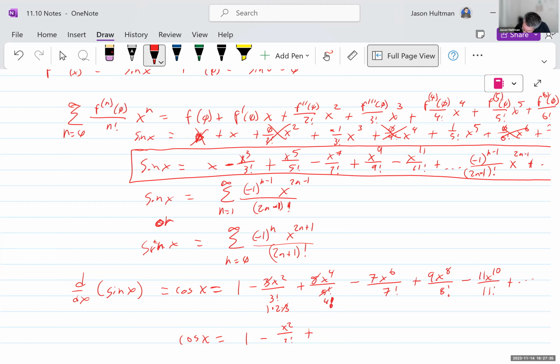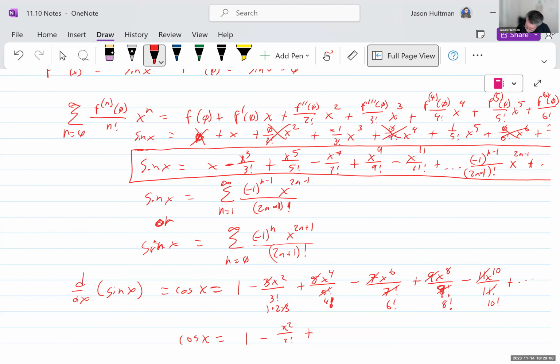This 7 cancels with the 7 factorial and becomes 6 factorial. The 9, oh, this should be 9 factorial, sorry. The 9 will cancel with the 9 factorial, which will become 8 factorial. And the 11 cancels with the 11 factorial and makes it 10 factorial. So we turned all of the odds into evens.